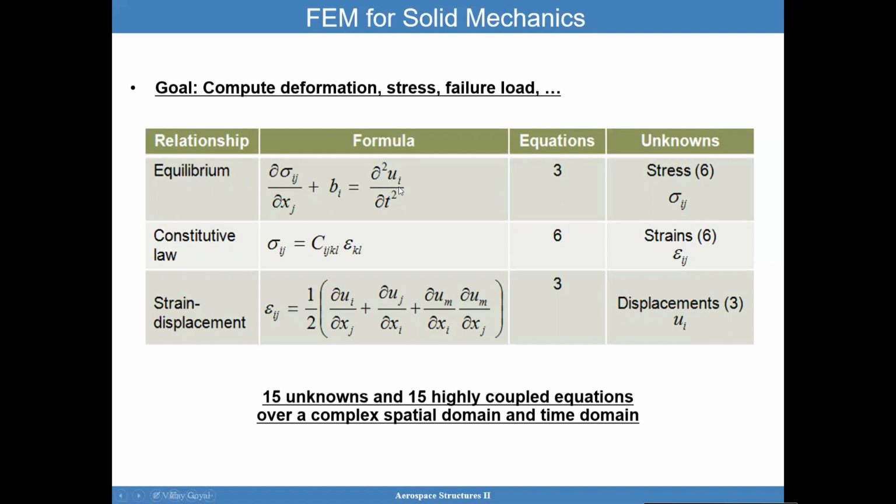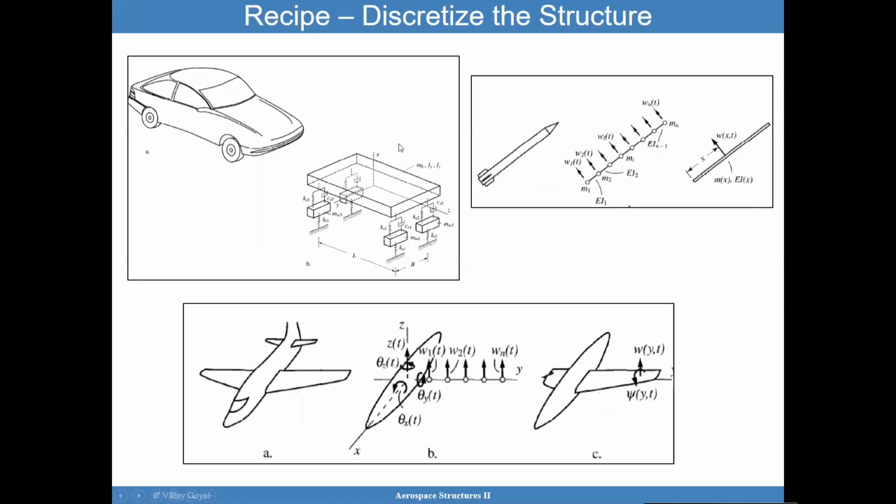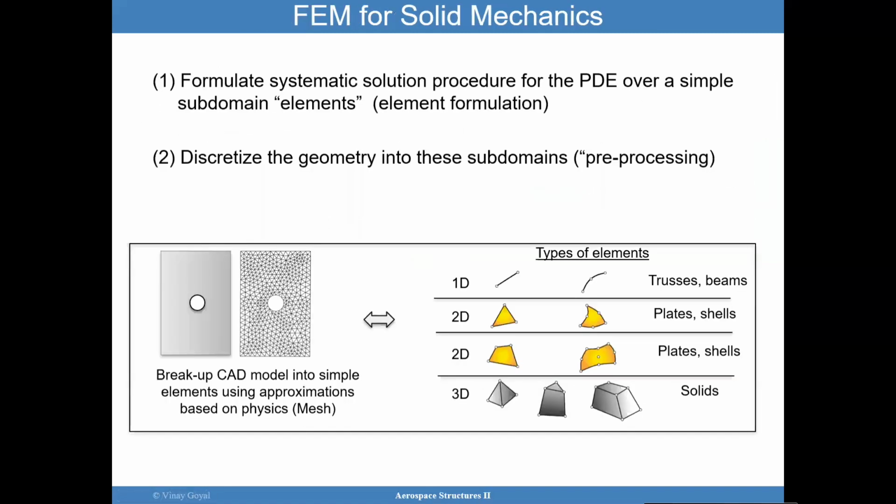Once you know deflections, you can solve for strains. Once you know strains, you can find stress. And if you can find stress and you know the strength of the material, you can determine whether the structure will fail or not.